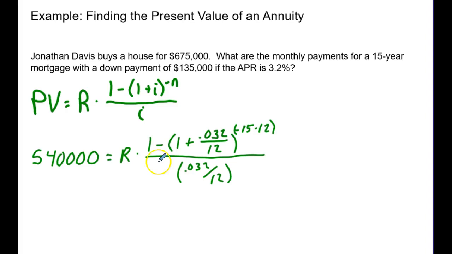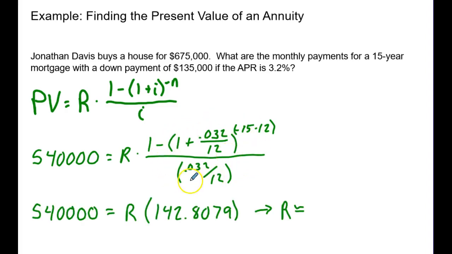In this case, it's probably easier to simplify this part on the right and get a decimal approximation because you're going to have to take 540,000 divided by that quantity to get R isolated by itself. If you simplify this part on the right, you get approximately 142.8079.